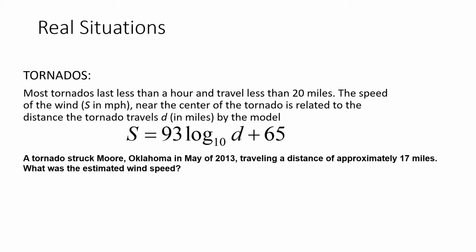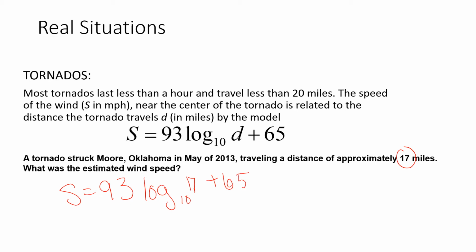A tornado struck Moore, Oklahoma in May of 2013, and it traveled a distance of approximately 17 miles total. We want to know the speed of that tornado, so we have to use this model we've been given. All we're doing is plugging 17 in for d. So we have s equals 93 times the log base 10 of 17, plus 65.